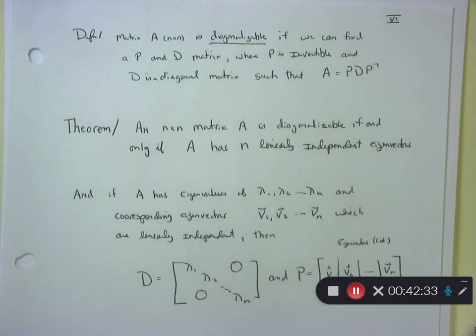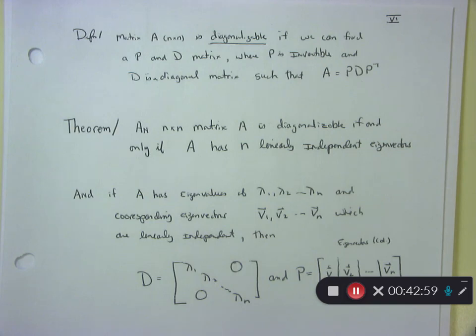So, yes, A is similar to a diagonal matrix. That's a lot of words. So instead of saying A is similar to a diagonal matrix, we could just say A is diagonalizable. If A is diagonalizable, that means there's going to exist a P, square matrix, that's invertible, such that A is equal to P D P inverse. We call that A is a diagonalizable matrix.